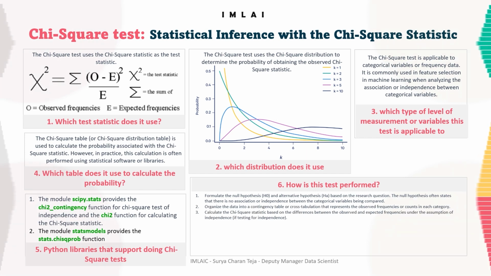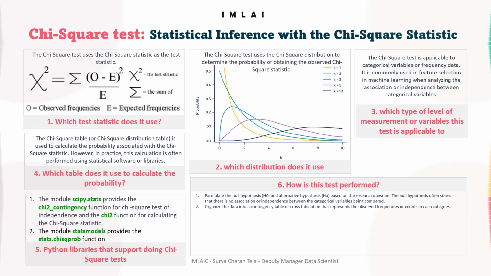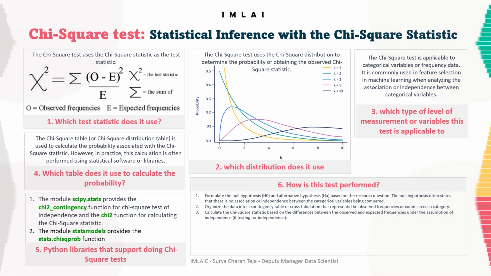The third step is to calculate the chi-square statistic based on the differences between the observed and the expected frequencies, under the assumption of independence if testing for independence. Then determine the degrees of freedom for the chi-square distribution based on the dimensions of the contingency table.